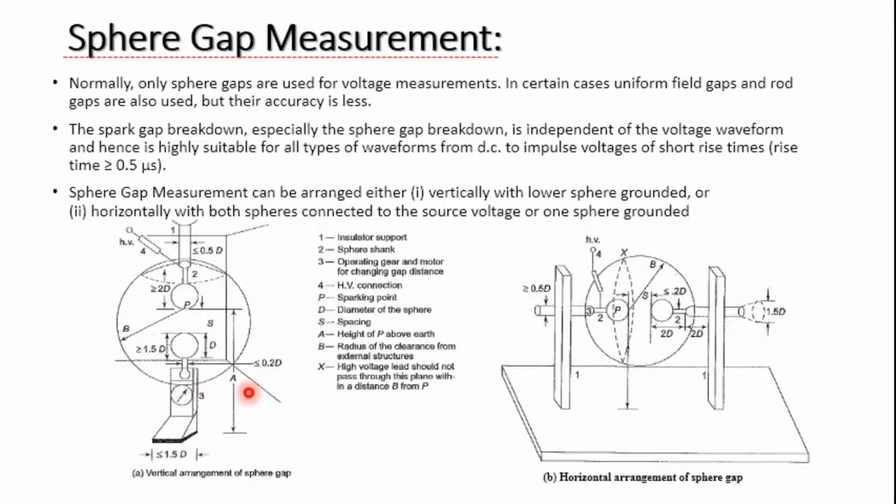And capital X is the plane that the high voltage lead should not pass through within the distance B from P. So these are the minimum things we need to keep in mind while doing the construction for the horizontal and the vertical placement.